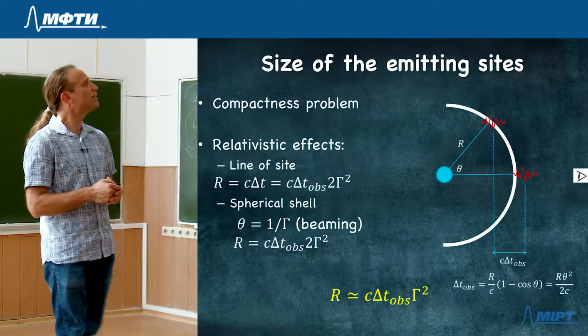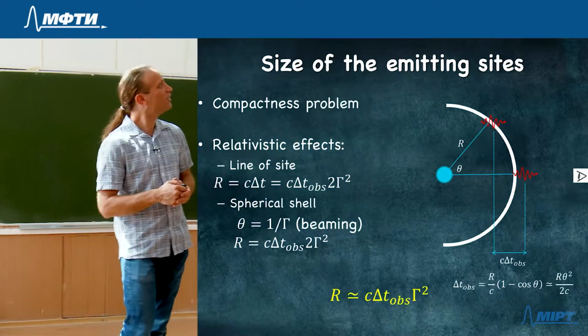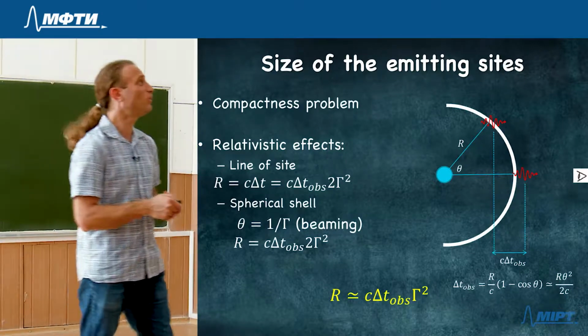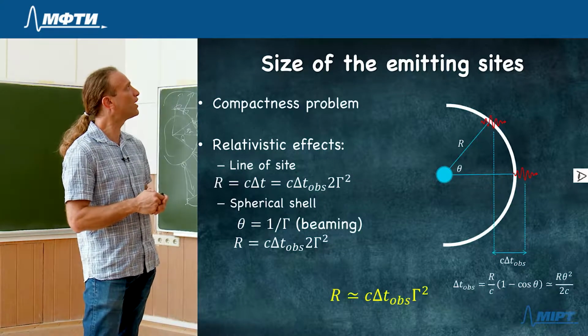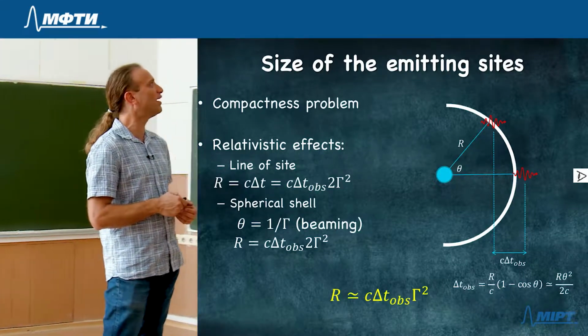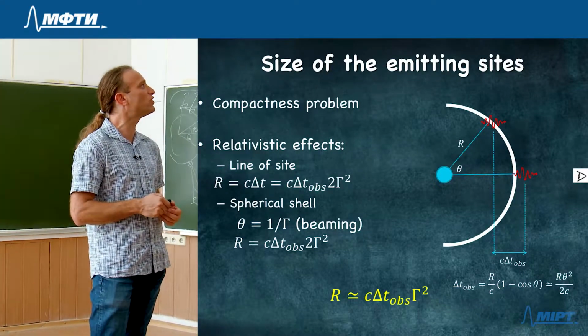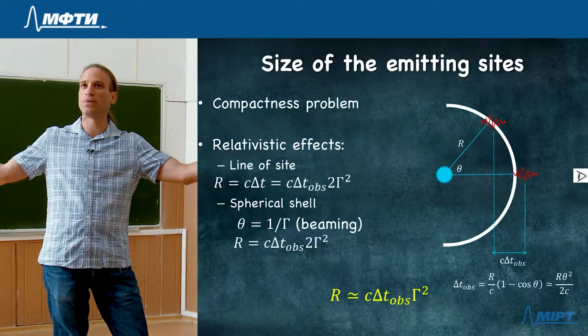So again, a reduction by a factor of gamma square. This means that the total r, which is the true delta t, will be multiplied by 2c gamma square. So the total radius is the delta t observed times gamma square, larger by a factor of gamma square.